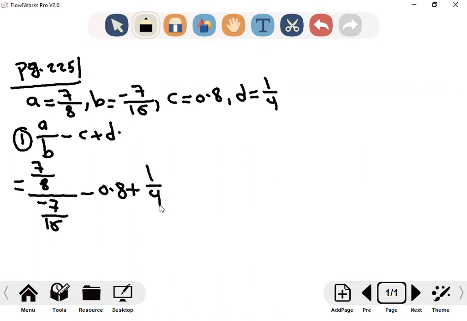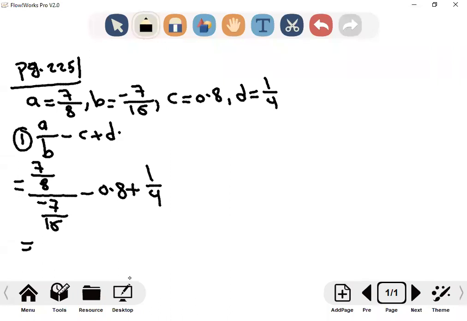Let's go back here now. What's the meaning of A over B? It means A divided by B, right? This fraction up divided by the fraction down.